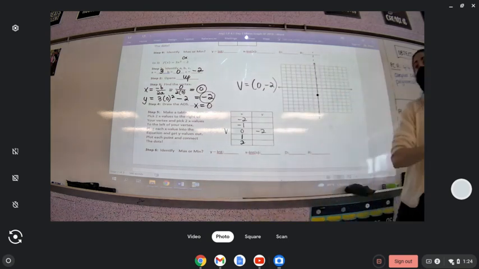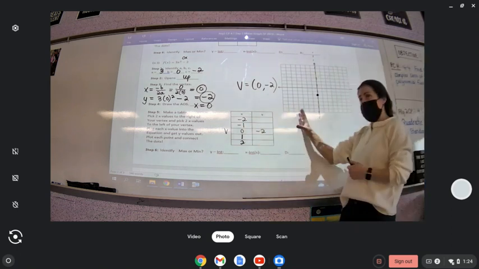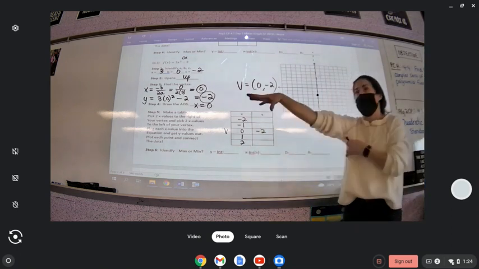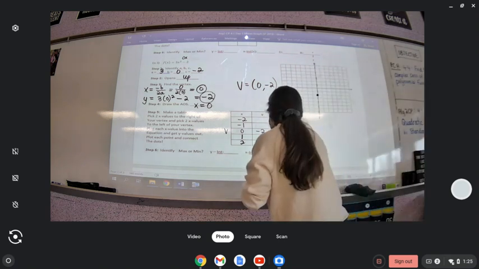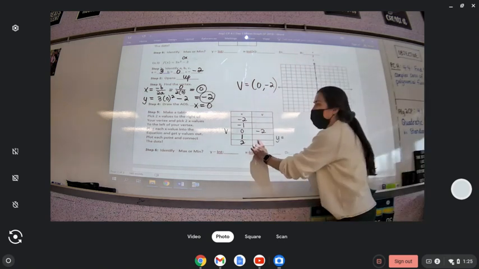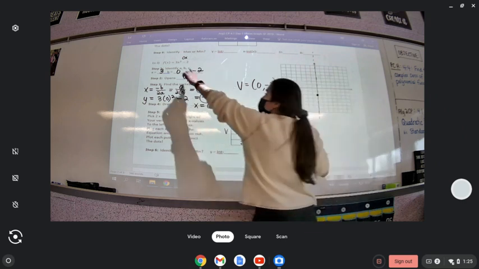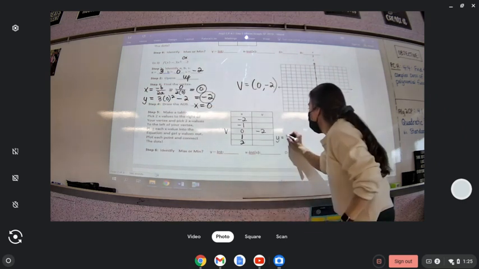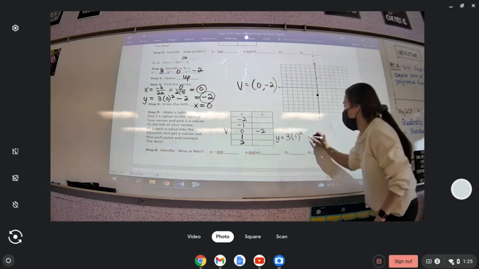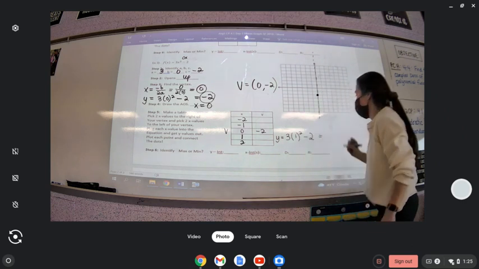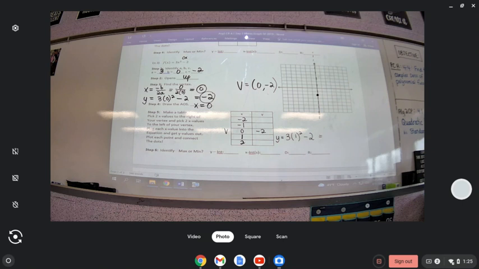So now, do you want to plug -1 and -2 in, or do you want to plug +1 and +2 in? I'm with you. Let's plug the positives in. So let's plug in 1 first. Let's start next to our vertex. So if I plug 1 in for x, that'll be 3, parenthesis, 1, square it, and then subtract 2. And see what number you get. 3 times 1 squared, subtract 2.